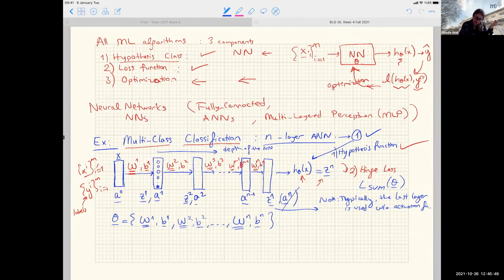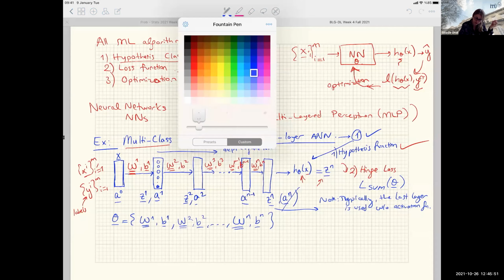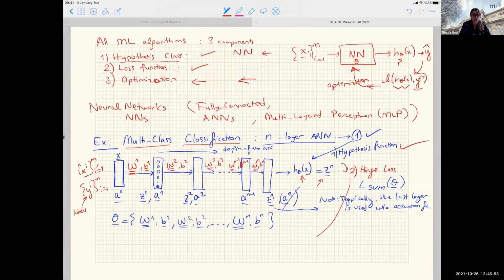So remember now the hinge loss, the second component. We need something that compares my activation for each of the input data, each instance of the input data, right? h_theta(x_i) and y_i.